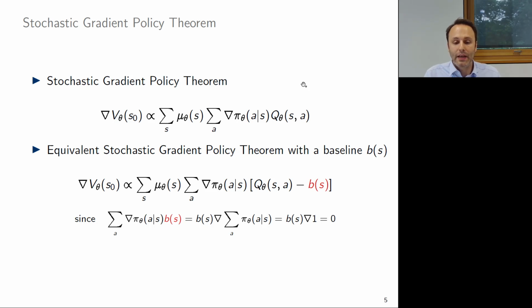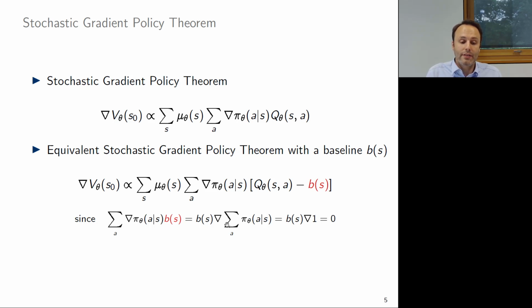Now, if we add a baseline to this, what will happen? If we add a baseline function that is a function of the states only, then it turns out we can put any function there, because the sum over all the actions of the gradient of the policy times this baseline can be rewritten by pulling the baseline in front and also applying the gradient in front of this sum of the policies.